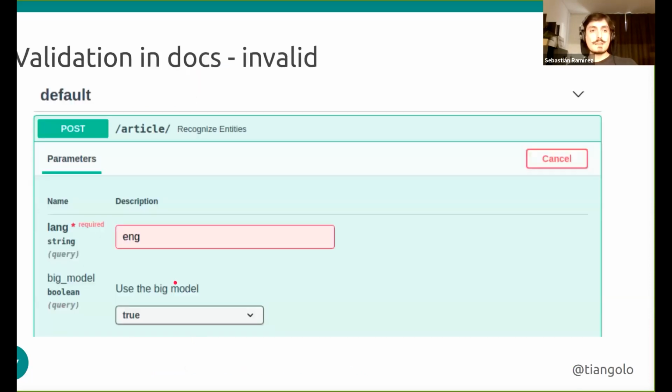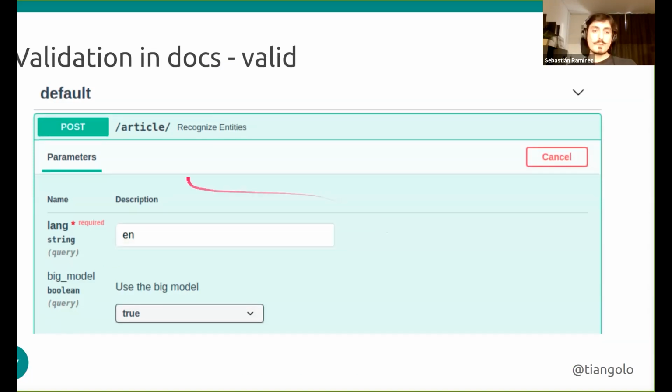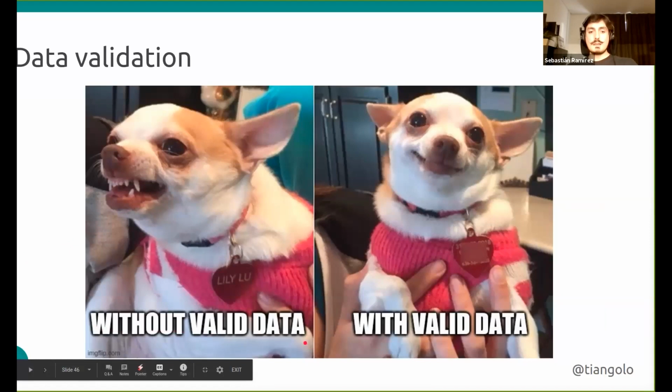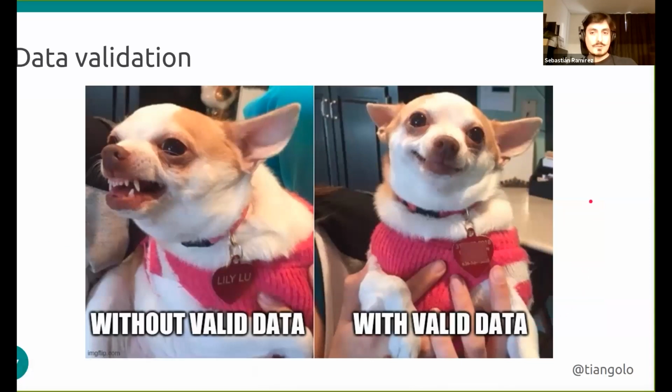And we check in the documentation and we try to send something that is not valid, so this has 3 letters instead of 2, then we get an error as we would expect. But if we send valid data, then again, it works as we expected. So without valid data, FastAPI will complain. With valid data, it will just go happily and run your code.